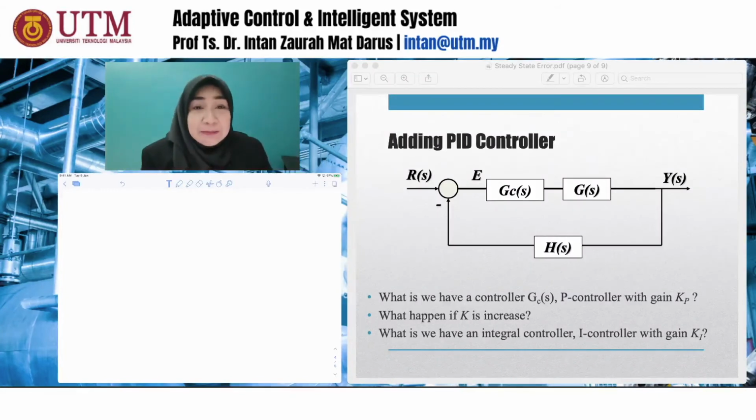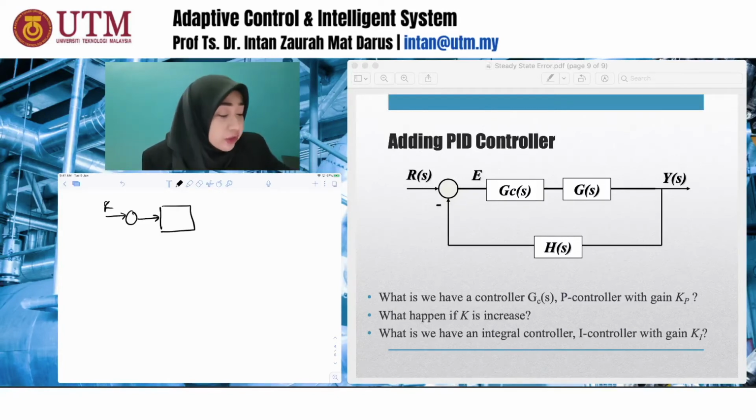Let's add a Kp equal to 2 as a controller to this system. So I still have the input of R, but now I'm going to have a Kp equal to 2 into the system, and the system is still as before, 1 over s plus 2.